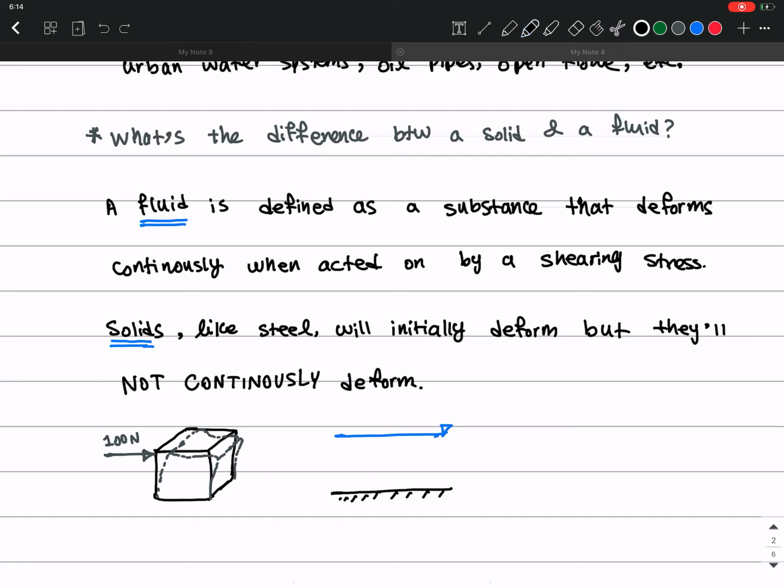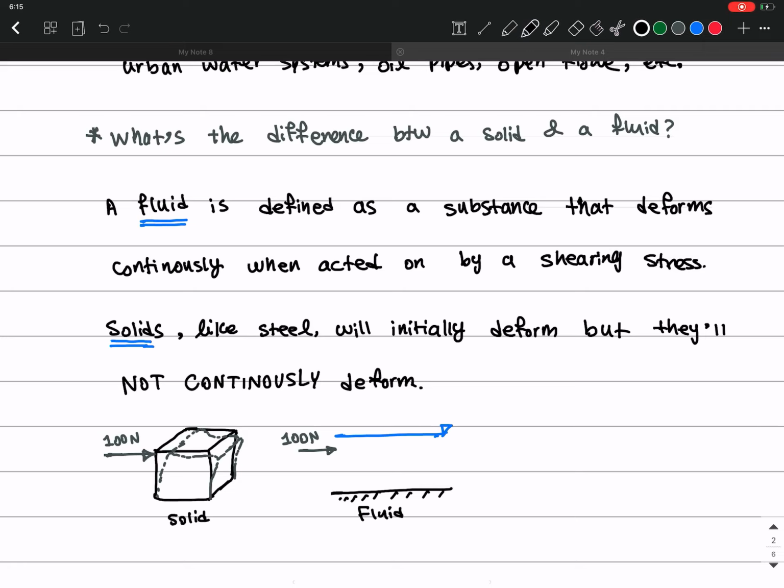So if you add a force here, like say 100 Newton to this fluid, so this is solid, and this one is fluid. What happens? Think about it.